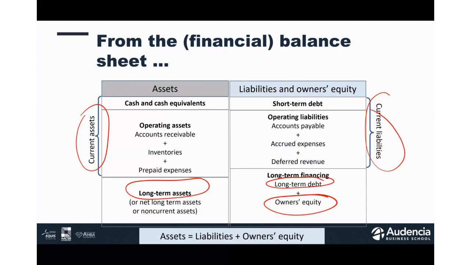In the managerial balance sheet, the problem is not the short term and the long term. On one side, we want the capital employed, and on the other side, we want the invested capital.